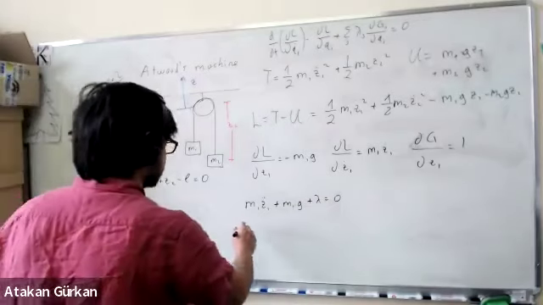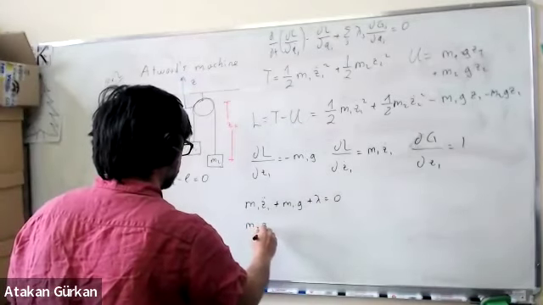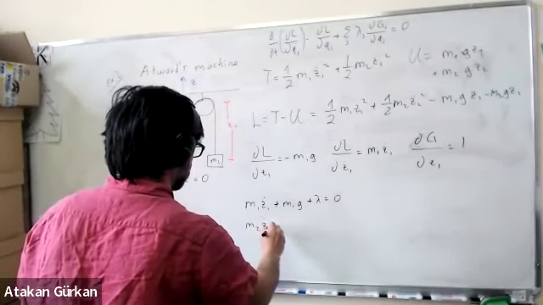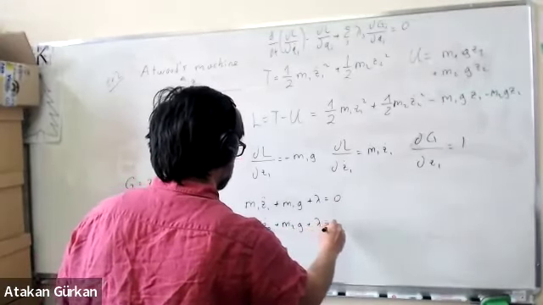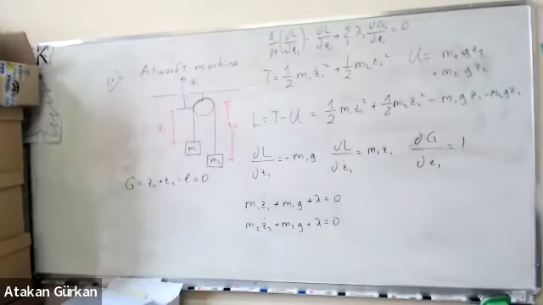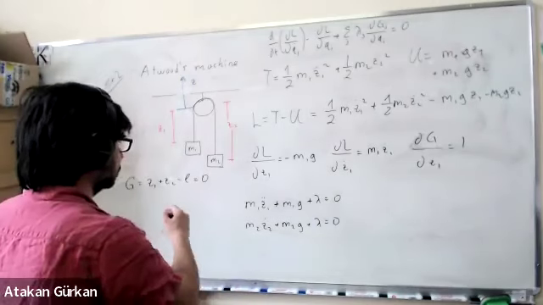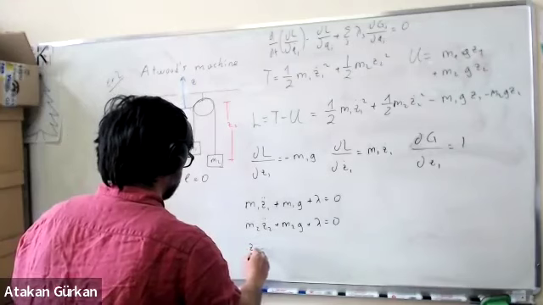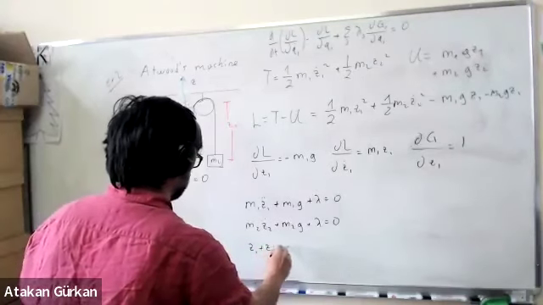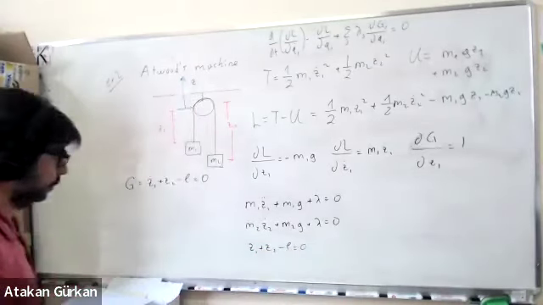And then we have something similar for Z2: M2 Z2 double dot plus M2 G plus lambda equals 0. Again, if I'm making mistakes, please try to catch them and stop me. And then I have the constraint equation, which is Z1 plus Z2 minus L is 0.